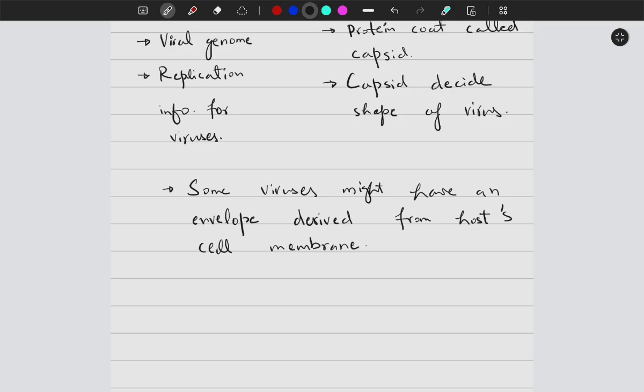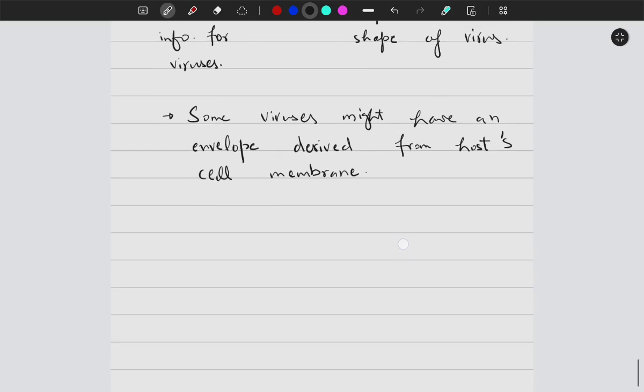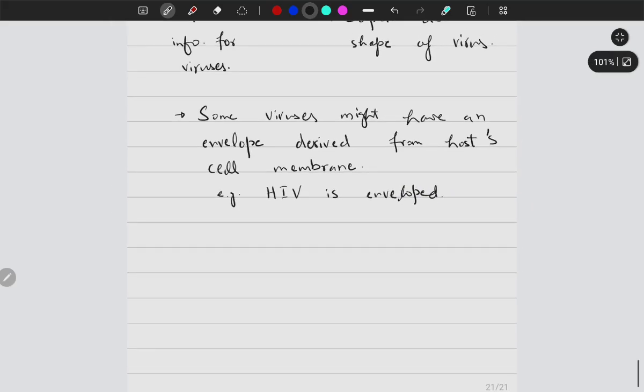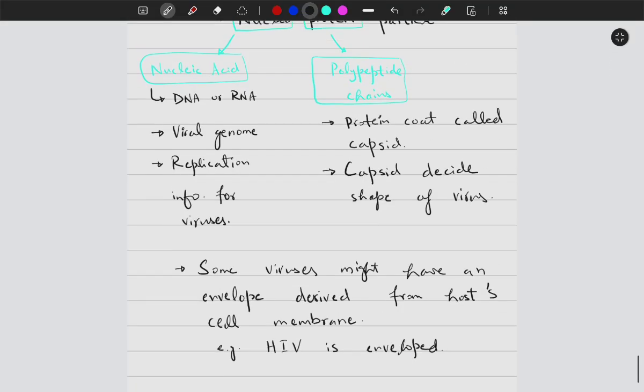Some of them wrap around a piece of the host membrane. They pick up a piece of host membrane and use it as a wrapping or as an envelope around themselves. Okay, some of them do that. For example, HIV does that. Human immunodeficiency virus, the virus that causes AIDS, is an enveloped virus. It has an envelope, right? So you need to be mindful of that.